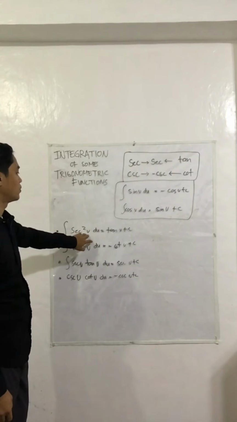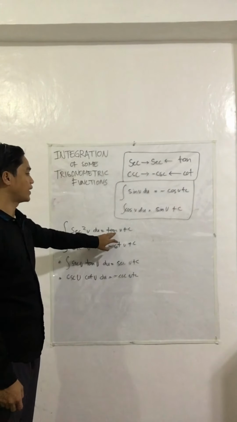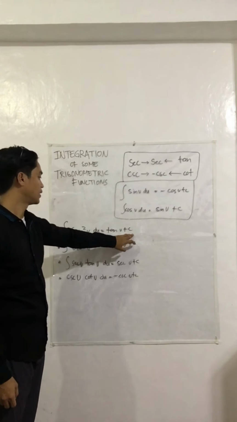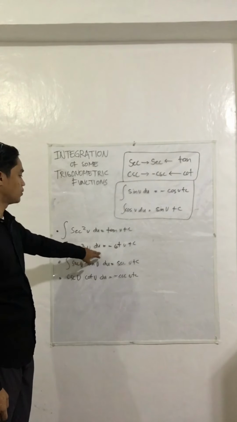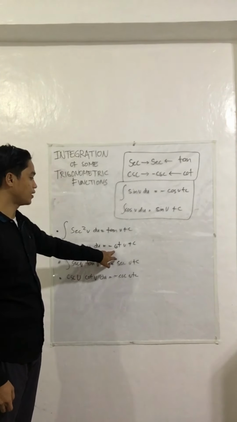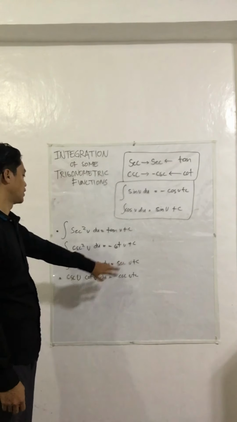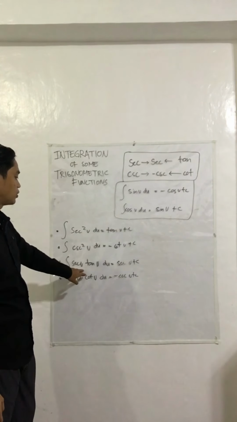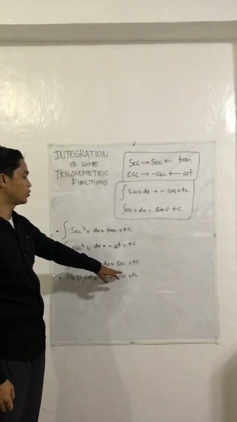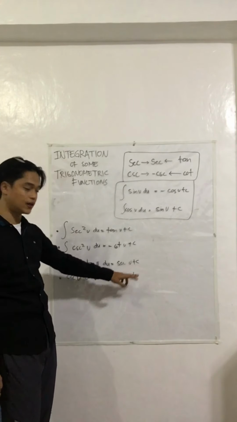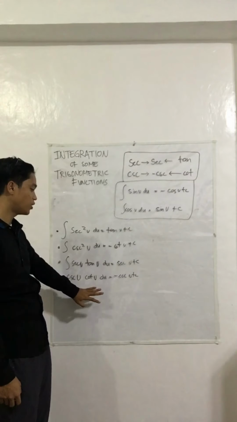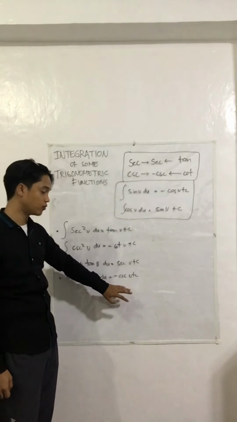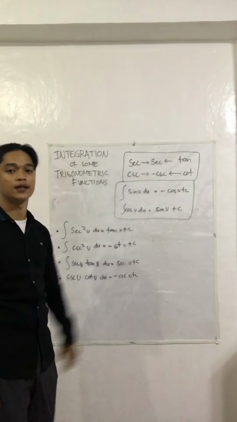secant squared u du is equal to tangent u plus c. Cosecant squared u du is equal to negative cotangent u plus c. And secant u tangent u du is equal to secant u plus c. And sa cosecant u cotangent u du is equal to negative cosecant u plus c.